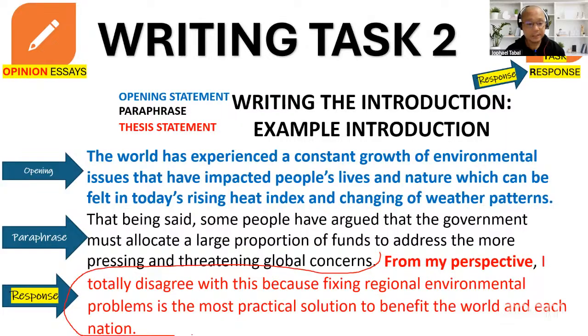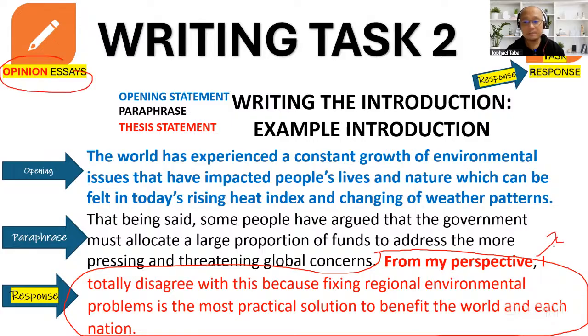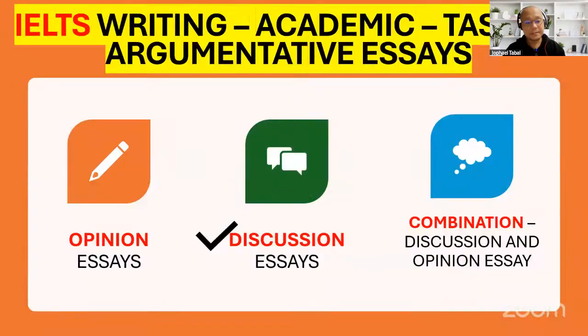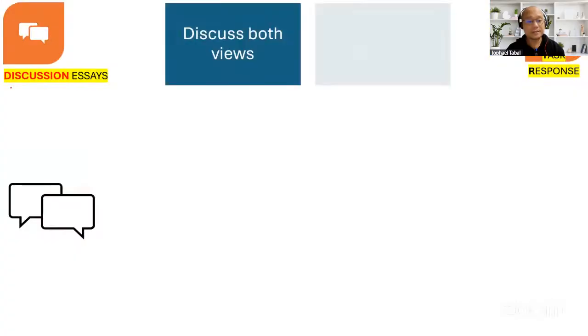So that is why understanding the type of question is important, because it reflects in your introduction. If the question is an opinion essay, that must also reflect in the introduction. If the question is a discussion essay, it must also reflect in the response.